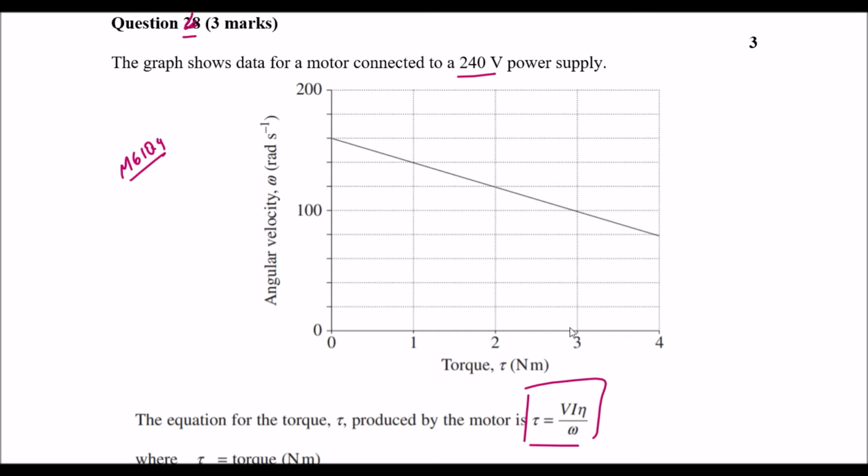So 2.95 is sort of like around here for torque. So we can say that the torque is around 2.95 and the angular velocity, just read it quickly, it seems to be 100. We know that V is 240.